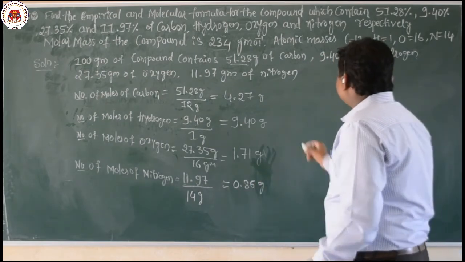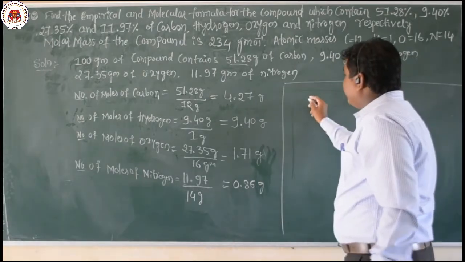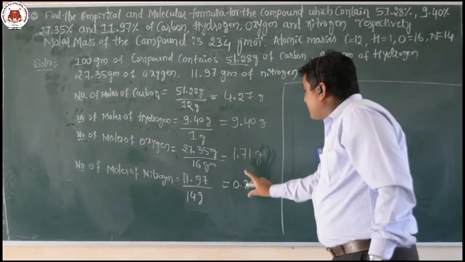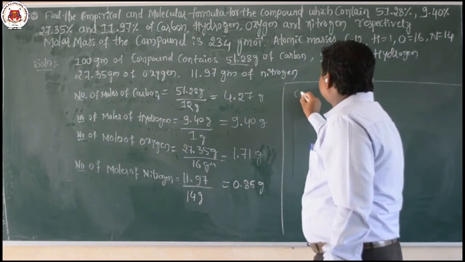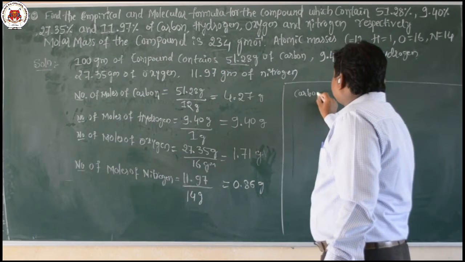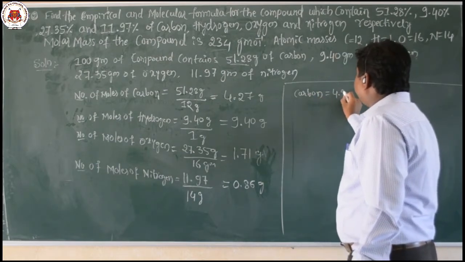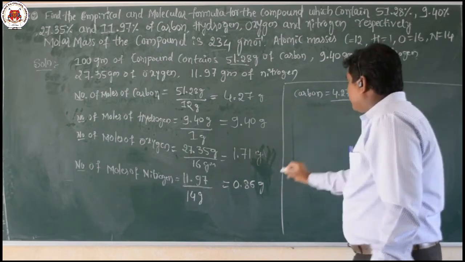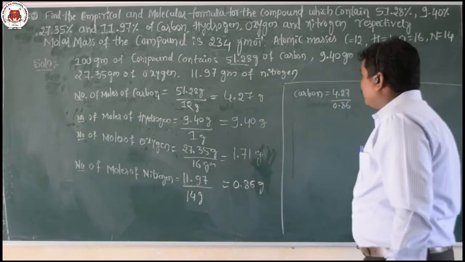I will write here, dividing these number of moles by the smallest value. The first one, for the carbon: we have the value 4.27 divided by the smallest value, 0.86.